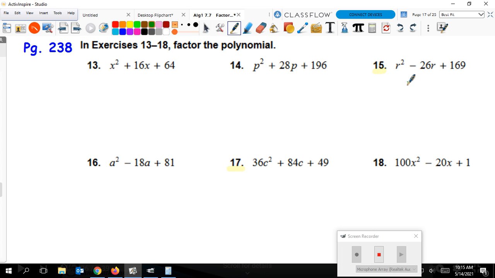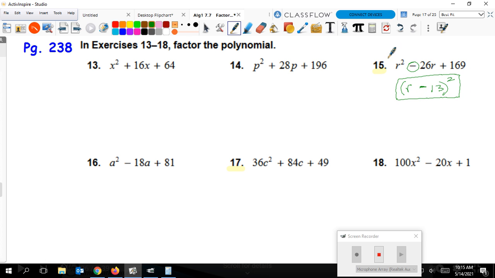So in this case, we know that it's going to turn into a binomial squared. We're going to start with the r up front. R times r is r squared, and then 13 is in the back. The sign here in the middle is negative, so it's a negative there. And that's it, just r minus 13 squared.